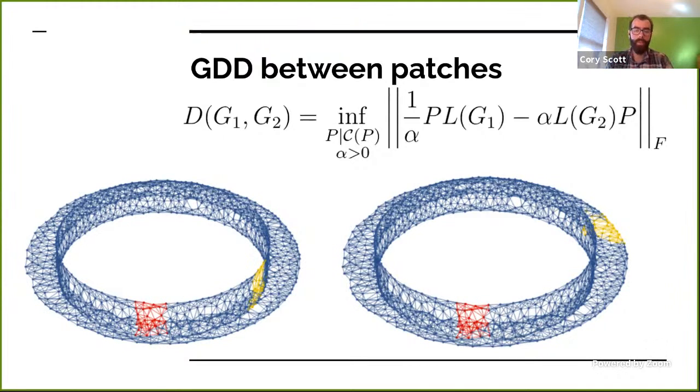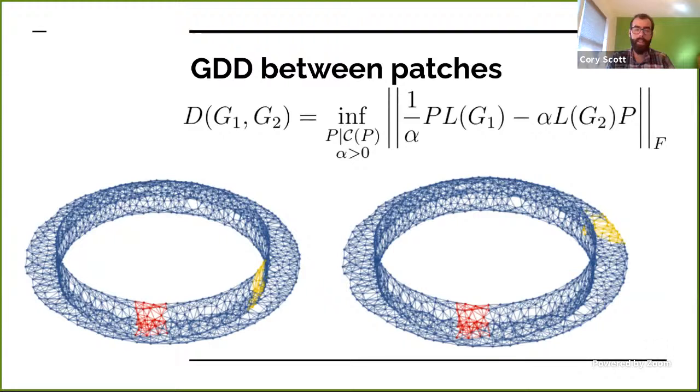In the examples at the bottom of the slide, the red patch is the same in both images, and you can see that the red patch takes up a little bit of the equator. When we compare that to the yellow patch, which also takes up a little bit of the equator, versus a patch that's way out on the rim, those are going to look different from the point of view of ink diffusing randomly over the nodes.